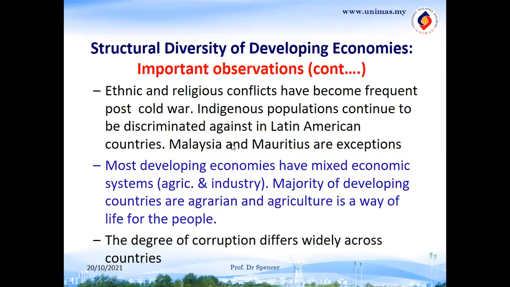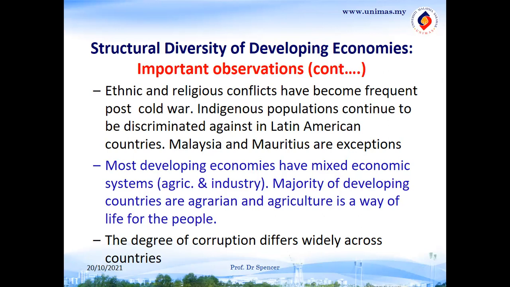Okay. And also from important observation, ethnic and religious conflicts have become frequent post-Cold War. Indigenous populations continue to be discriminated against in Latin American countries, with the exceptions of Malaysia and Mauritius. So most developing countries have a mixed economic system, of agriculture and industry, and it depends on the country. Some have a bigger chunk of agriculture and less on industry.